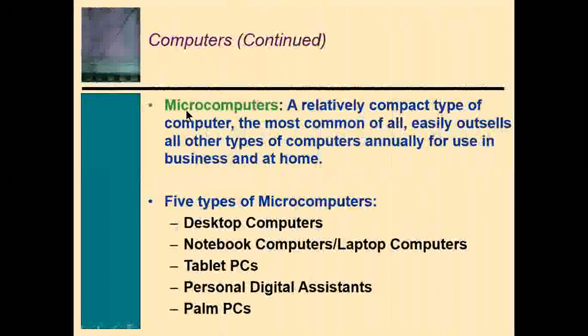What is a microcomputer? As the name suggests, micro, very small. A relatively compact type of computer that most commonly outsells the other types of computers annually for use in business and at home. Yes, because they are very small, affordable, and can be owned by an individual.